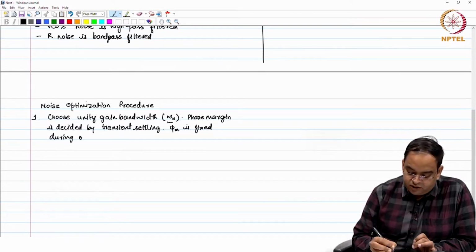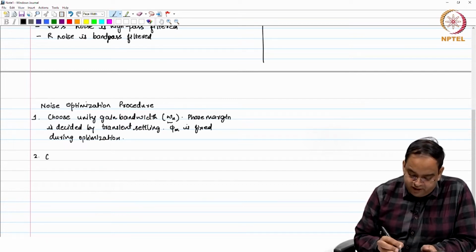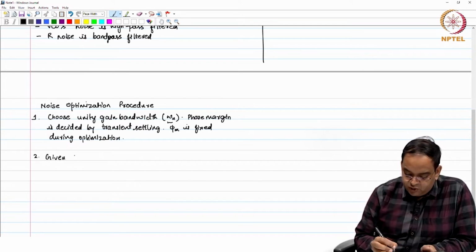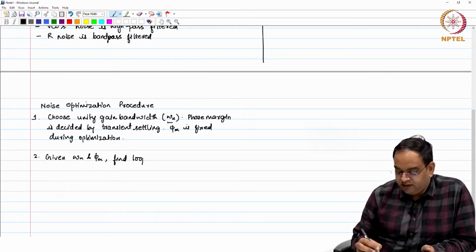So, when I pick omega u, for a given omega u and phi m, find the loop components.